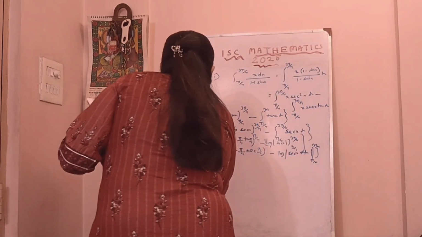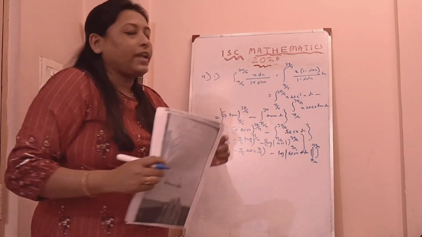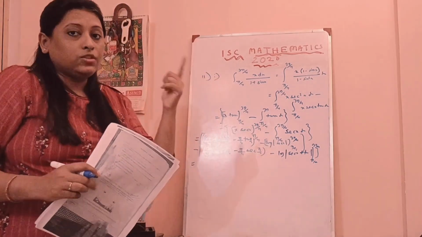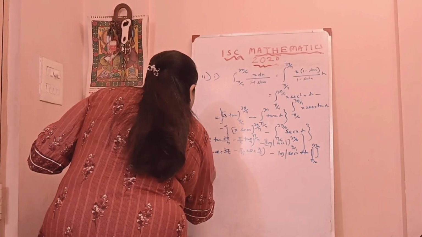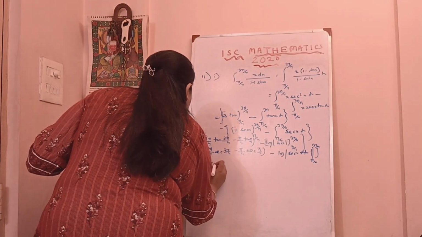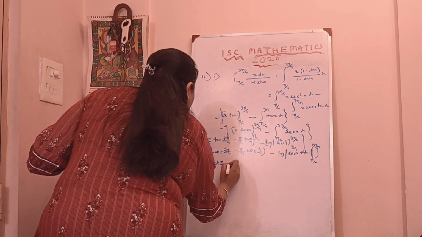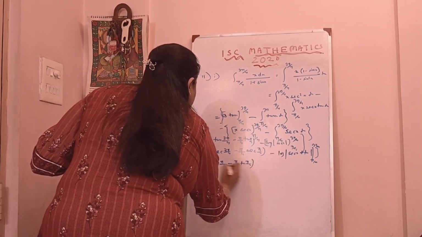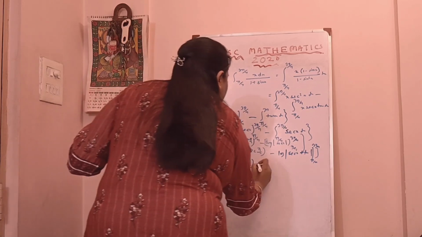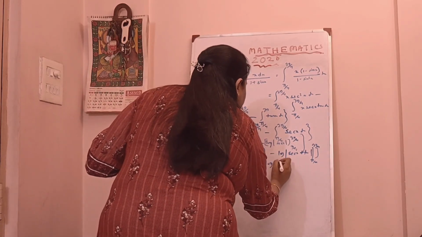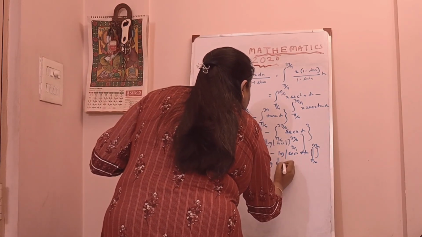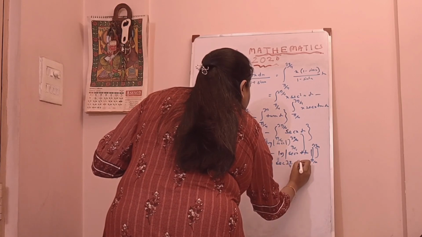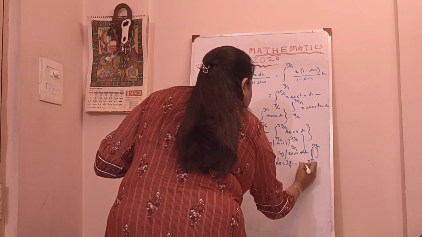Okay, so tan 3 pi by 4 means minus cot pi by 4. So 3 pi by 4 times minus cot pi by 4, and the value of cot pi by 4 is 1, and tan pi by 4 is 1. This is one part, and this is log sec 3 pi by 4 minus log sec pi by 4.